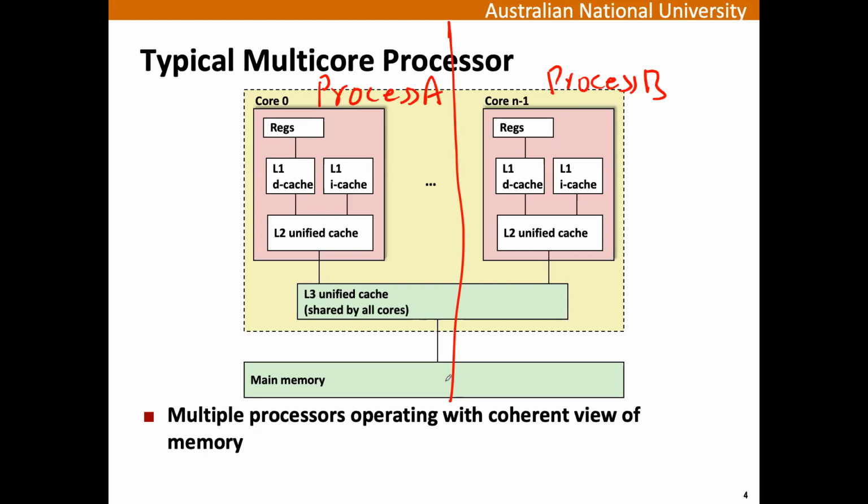If you do things properly, they should not be able to see each other's data or what the other processor is doing. It's not always the case. We call this model multi-programming. Multi-programming is a very important use case of multi-core processors.